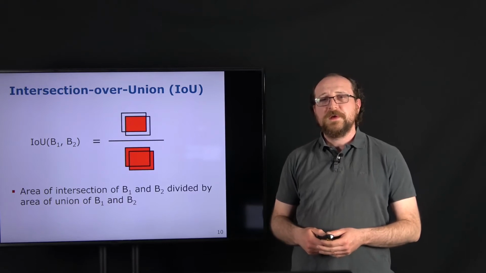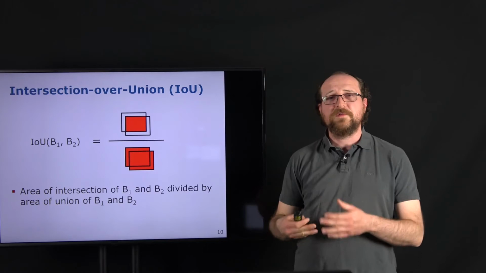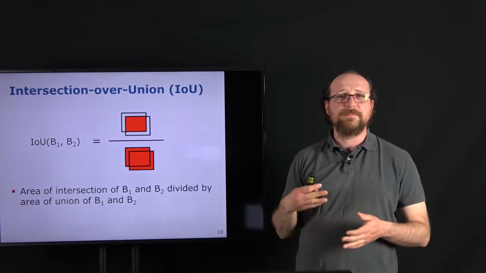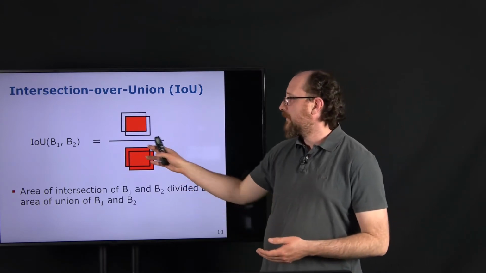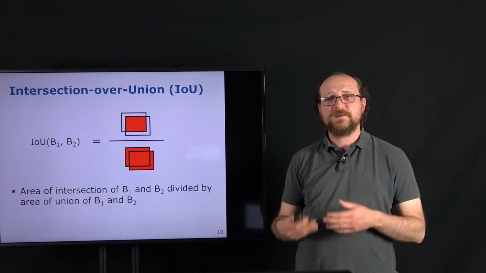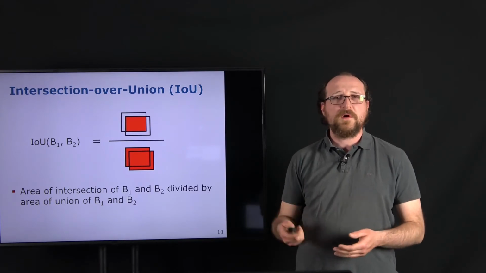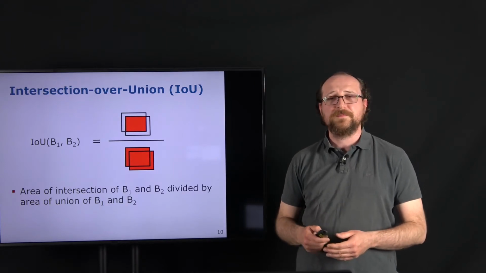It's just the region, or the number of pixels, that is covered by both of the bounding boxes, divided by the union of both bounding boxes. And this gives us a score that we can then use to reject bounding boxes in the end.